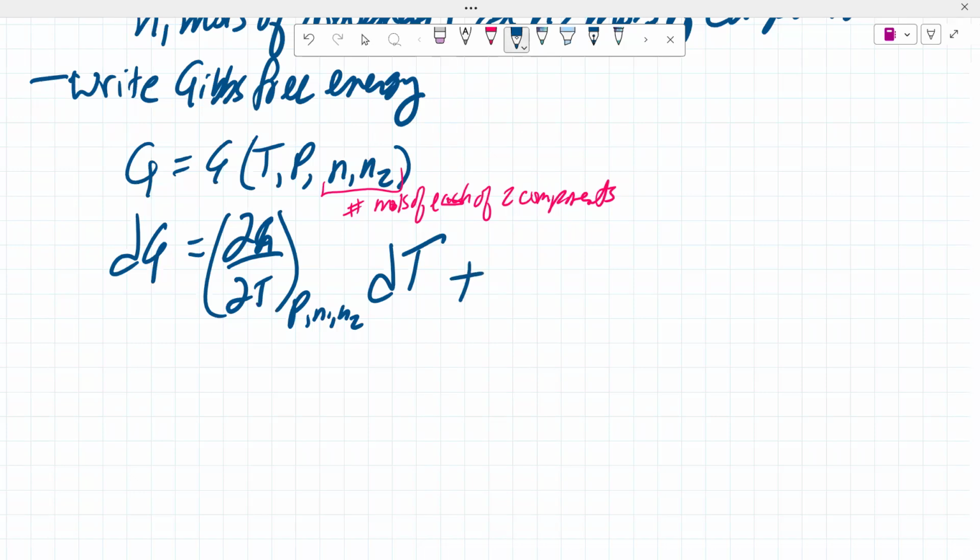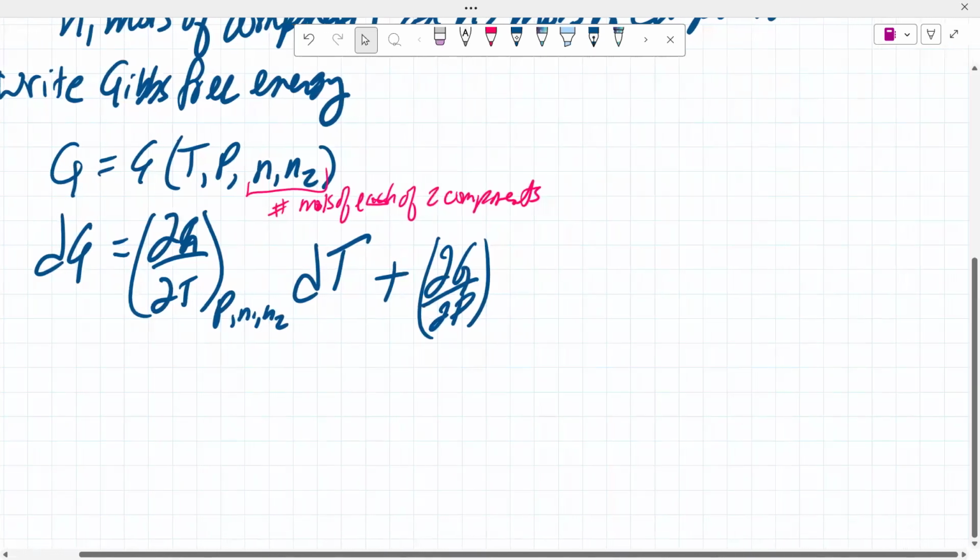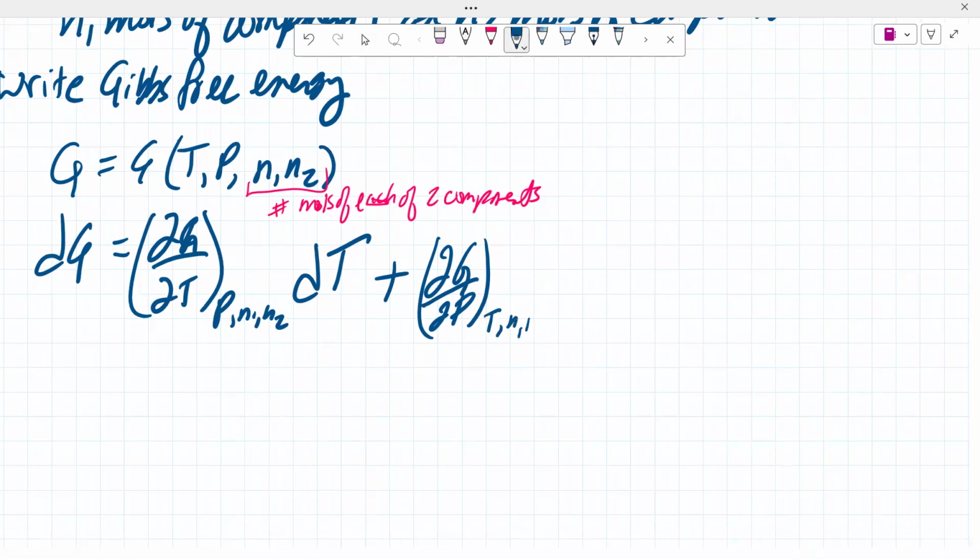Plus (dG/dP) with T, n1, and n2 held constant, dP. Again, this is the partial with respect to pressure. We hold the temperature constant in this term, and the number of moles stays the same.